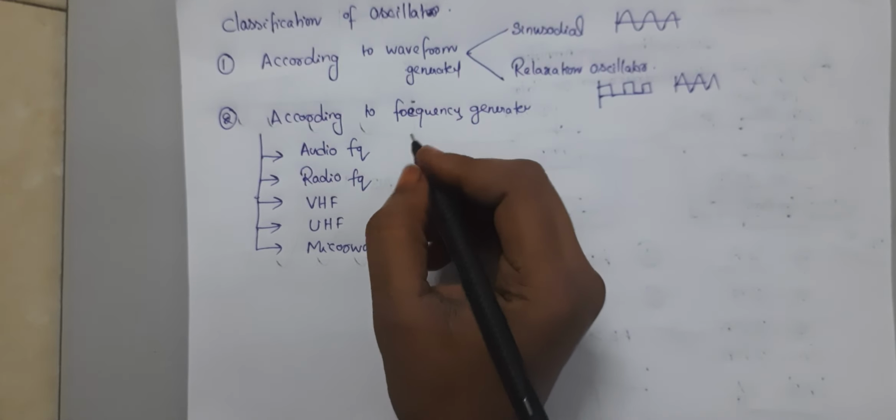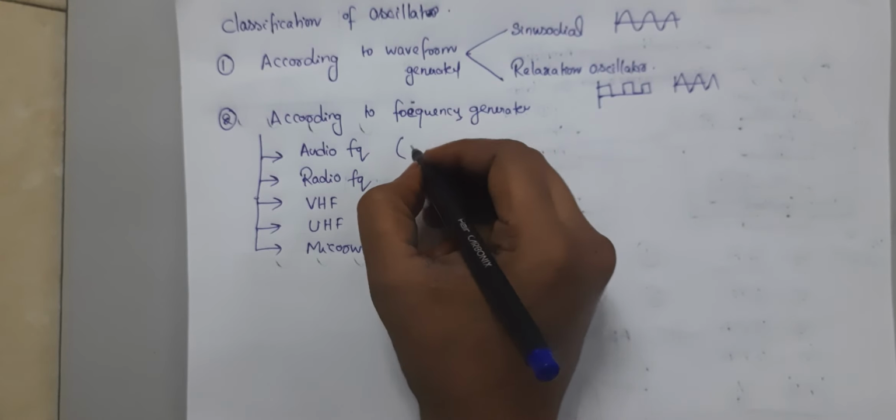So what is the range for audio frequency oscillators? Up to 20 kilohertz.